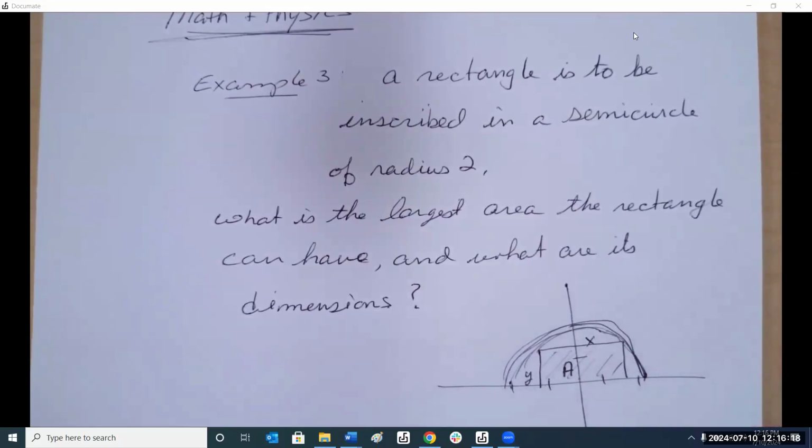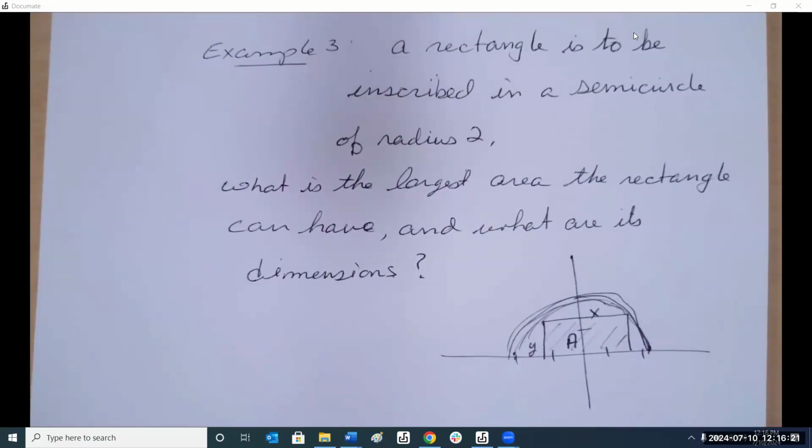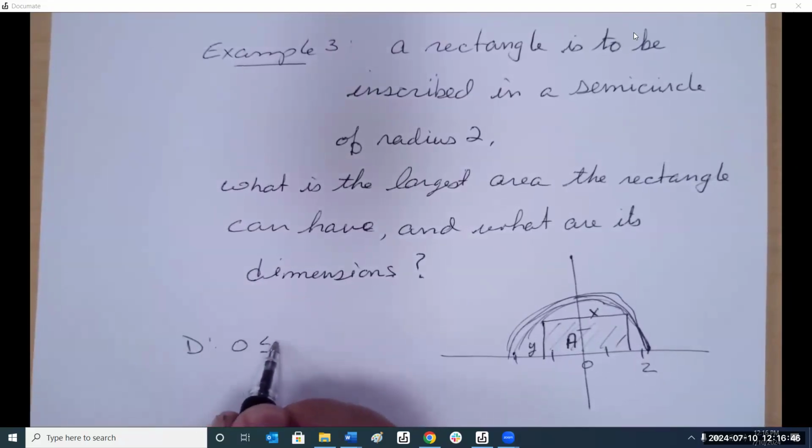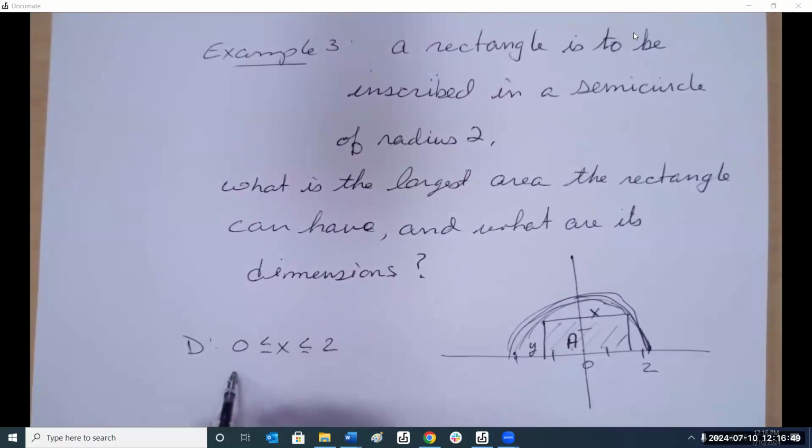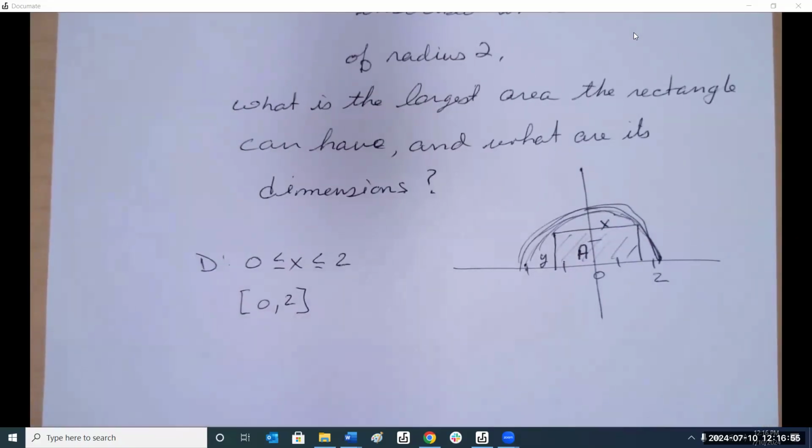X and Y. So what's the domain? Domain goes from 0 to 2. So it's a closed interval 0, 2. So we're going to have to test both of those endpoints as well once we find the answer. Now we've got to find the interior point.